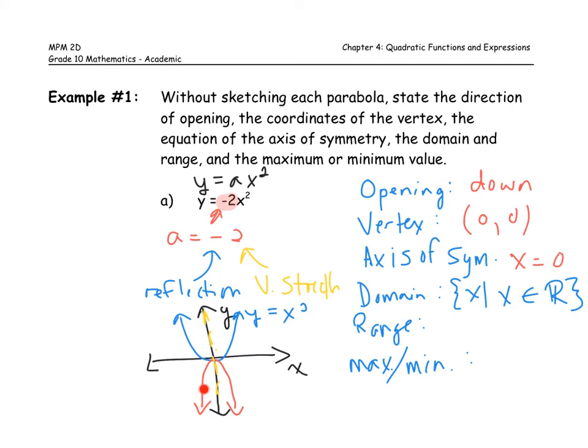Because I reflected it, my graph has a maximum value at y equals 0, which is a restriction on my range that I have to include. So although y belongs to the set of real numbers, it's also restricted in that y has to be a value that is less than or equal to 0. And as discussed, I definitely have a maximum at y equals 0. So hopefully you did okay with that.